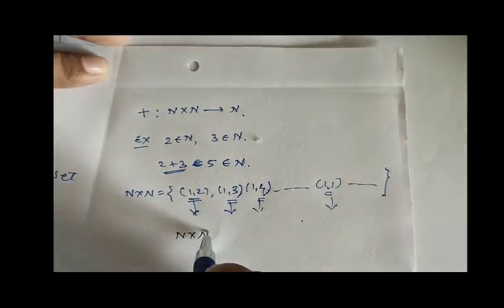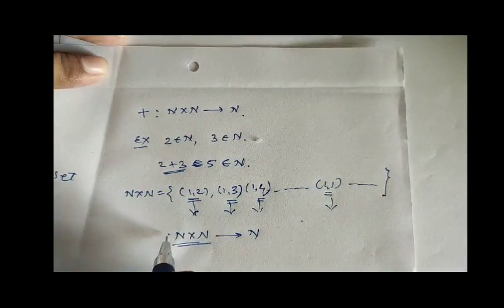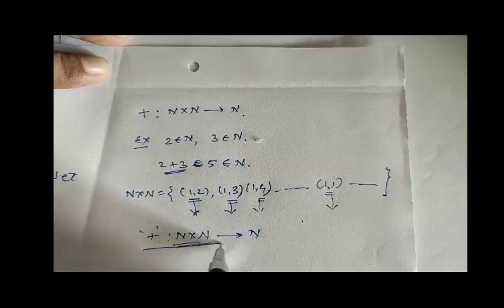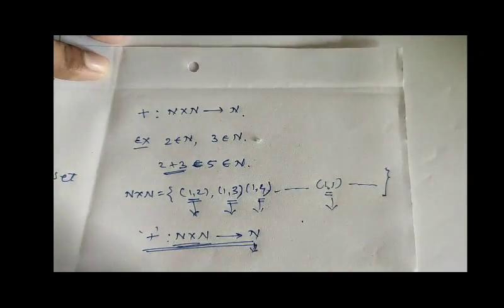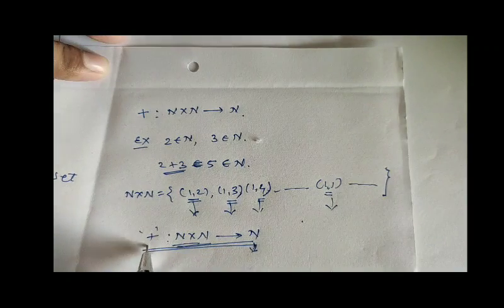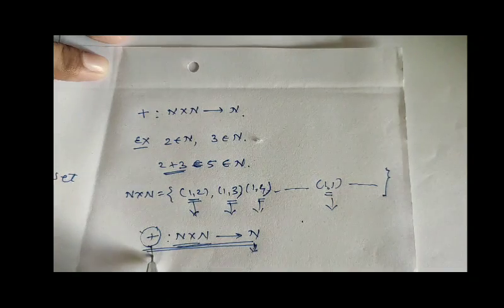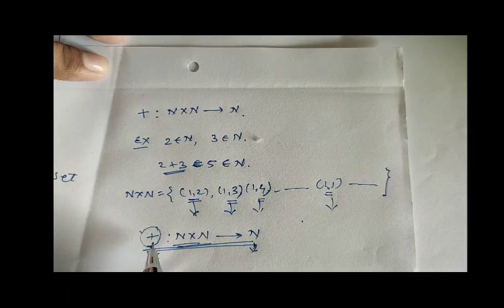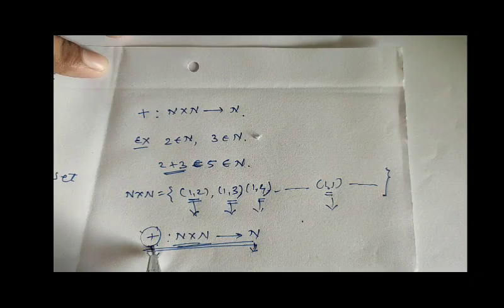That means for N cross N elements, using addition we again get a natural number. So on the set of natural numbers, this plus, our usual addition, plays the role of binary operation.